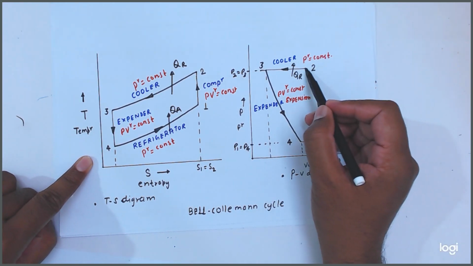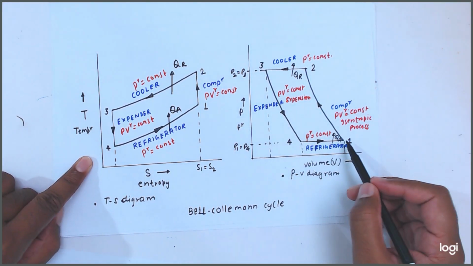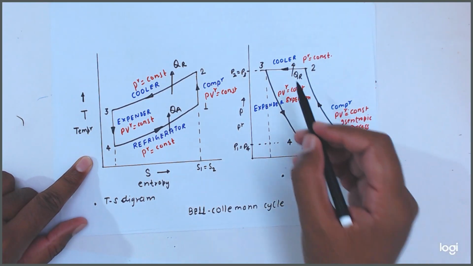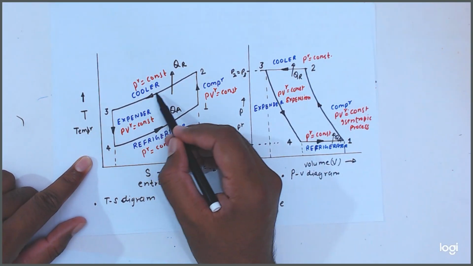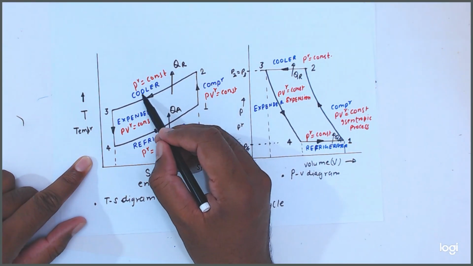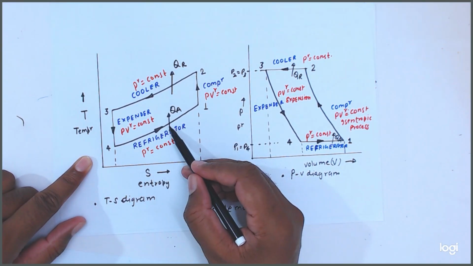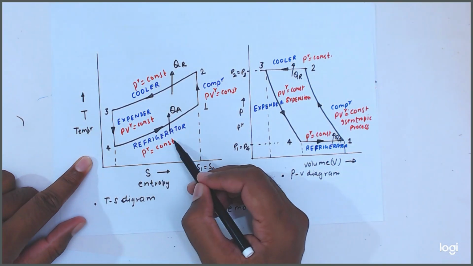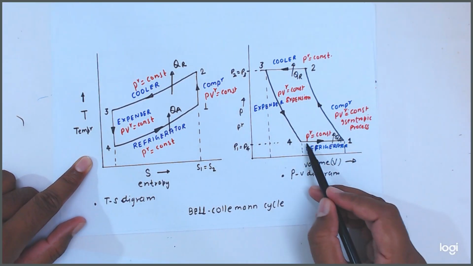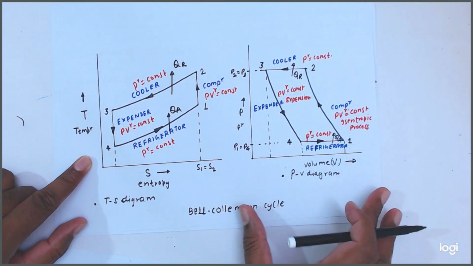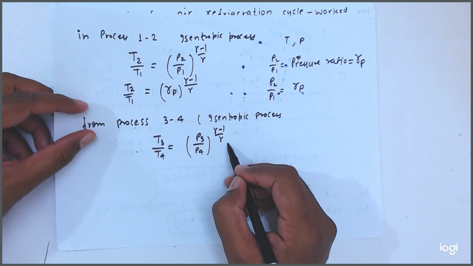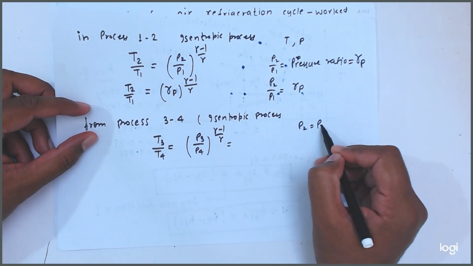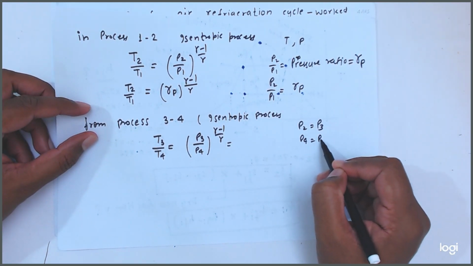So here P2 is equal to P3 because pressure is constant in the cooler, and constant pressure flow in the refrigerator. So P4 is equal to P1. Okay, so friends, this P2 is equal to P3 and P4 is equal to P1.